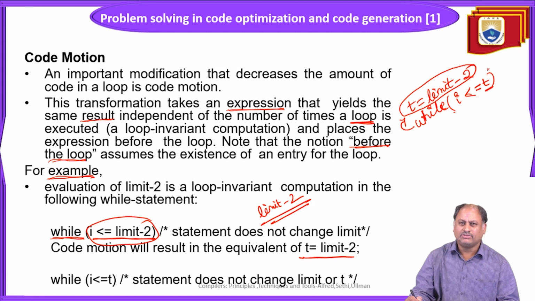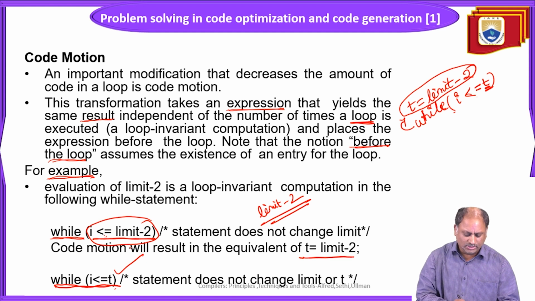It is the same as t, so it is kept outside of the loop instead of putting these lines of code inside the statement. The actual statement to be written is I less than or equal to t, which is equivalent to the previous I less than or equal to limit minus 2.